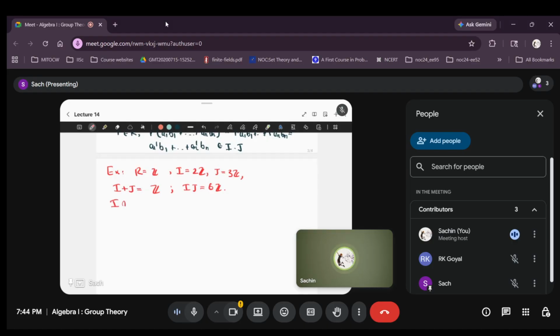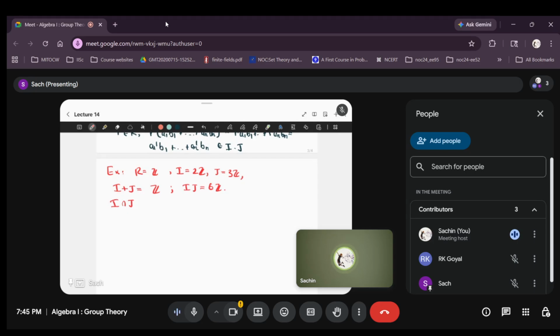In this case, what is I intersection J? I is the set of all multiples of 2, J is the set of all multiples of 3.